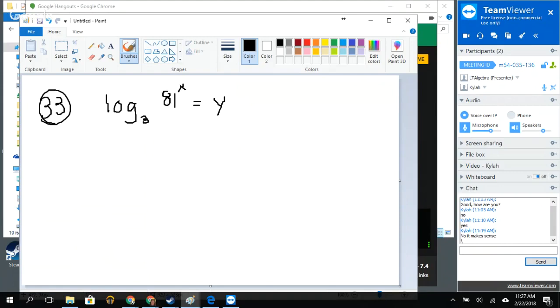So if I rewrite this, my log goes to the base, so this is my base, to find the answer, which is 81^x, equal to some y. I feel like I'm kind of going off track here. So basically, what I want to figure out is what y will make that work.